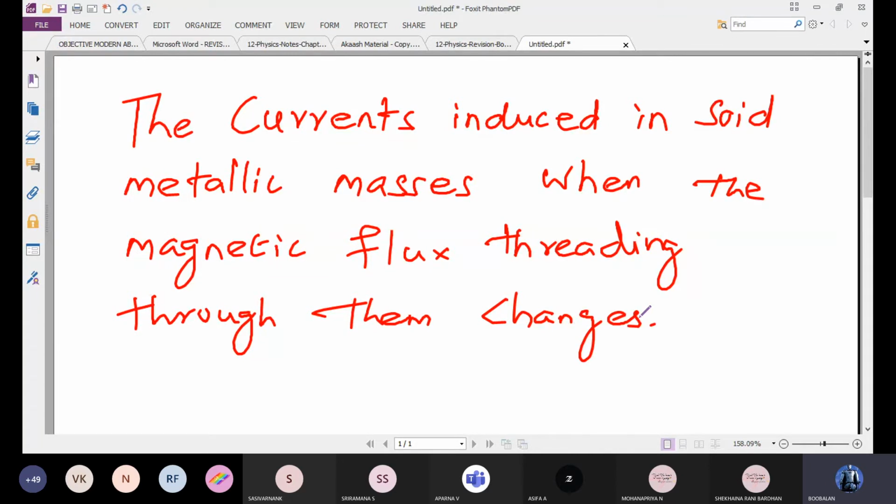Okay, so this is the definition of eddy current. Please note it.